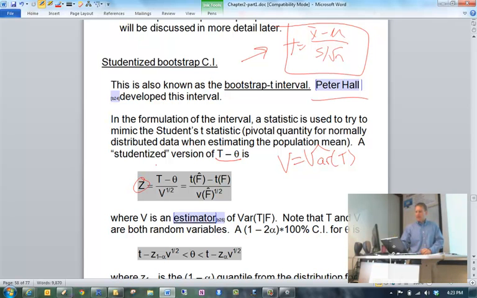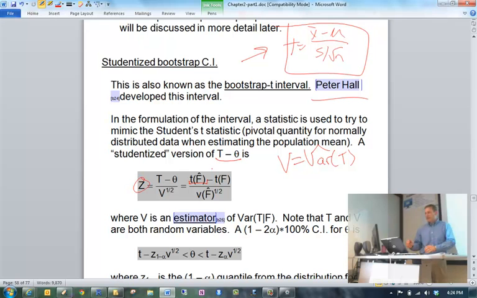But take a look at this in terms of a statistical function. This T can be written as T of F hat because it's a function of your sample, and theta is T of F. But now we introduce this slightly different notation, V of F hat, to emphasize that this estimate is also based upon your original sample.